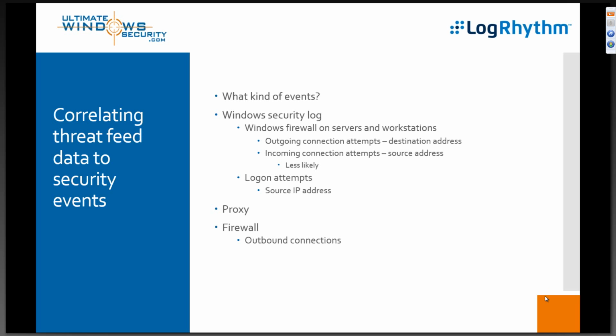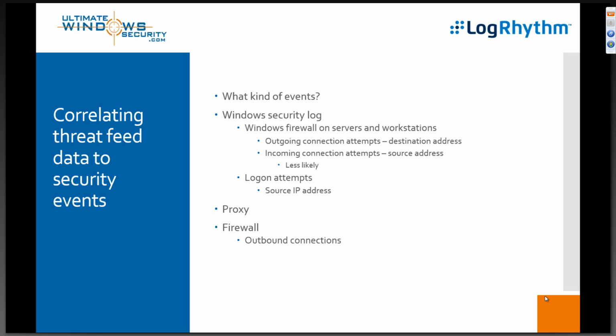Well, for one thing, if we turn on auditing of our Windows firewall on servers and workstations, we can compare threat feeds to our outgoing connection attempts, specifically the destination address in those events.